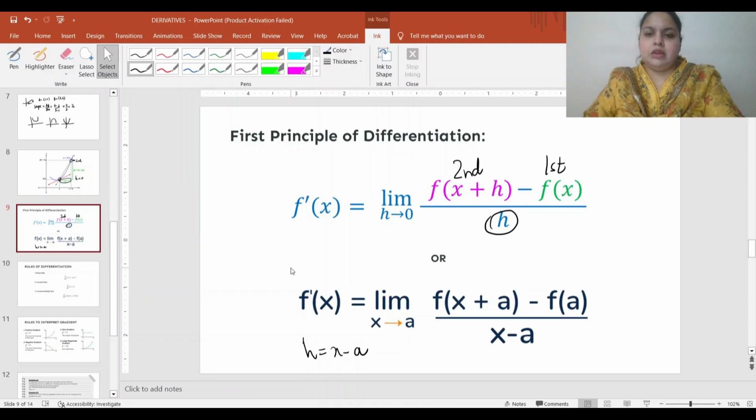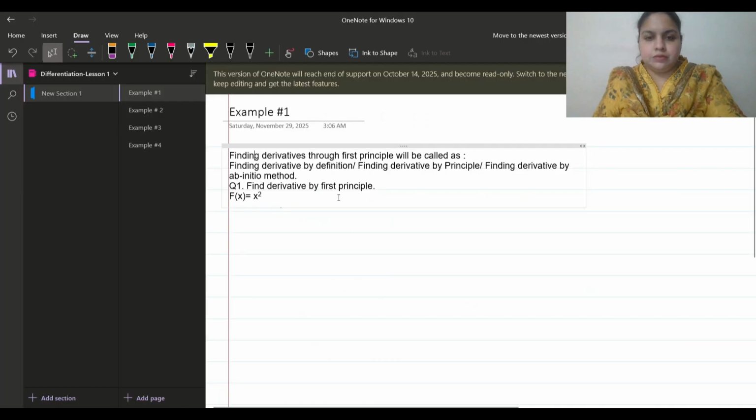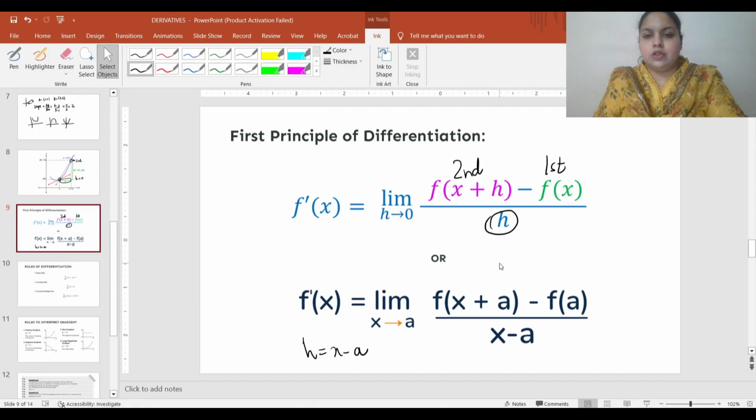You need to remember this first principle, and we will be solving one example with the help of it. Let's quickly go towards that example. The first principle which I just showed you is also called the ab initio method.